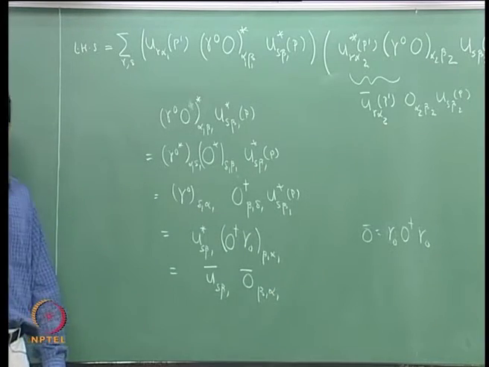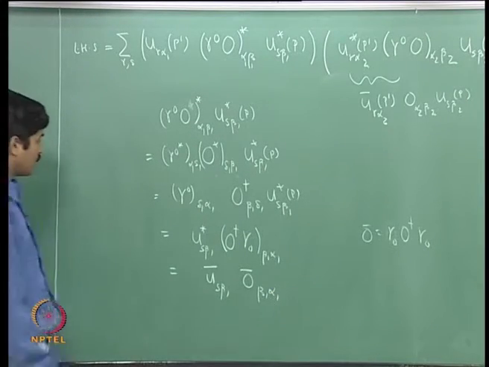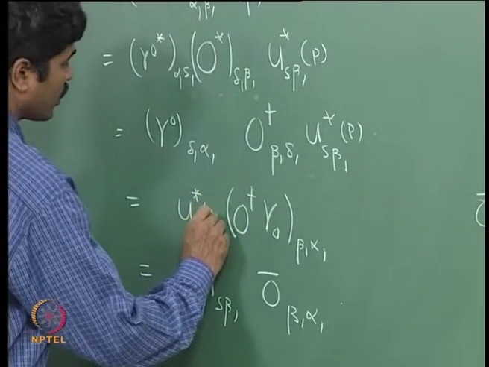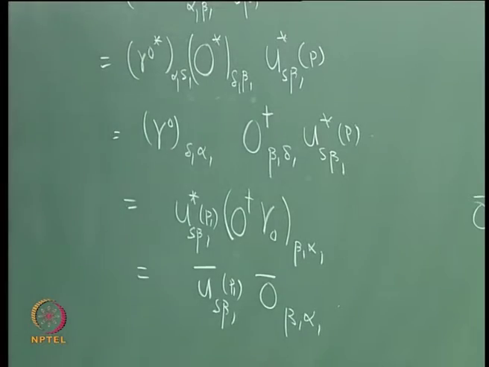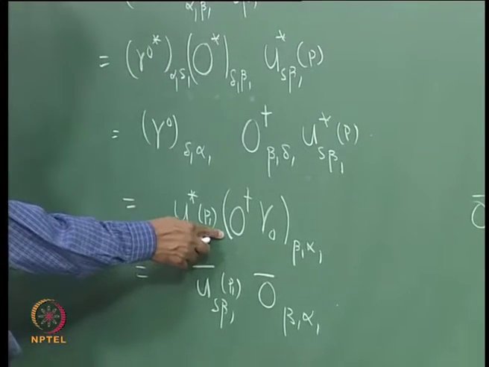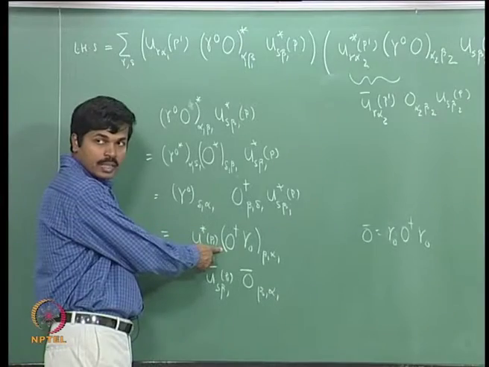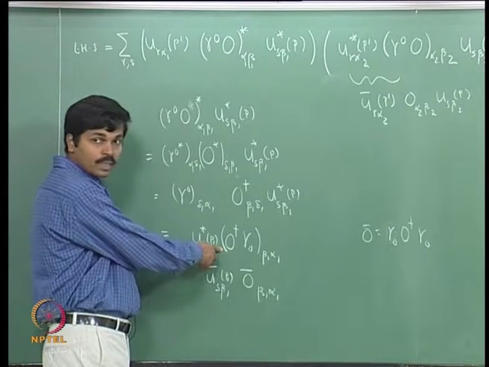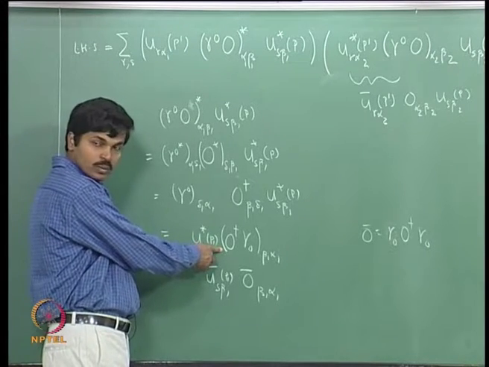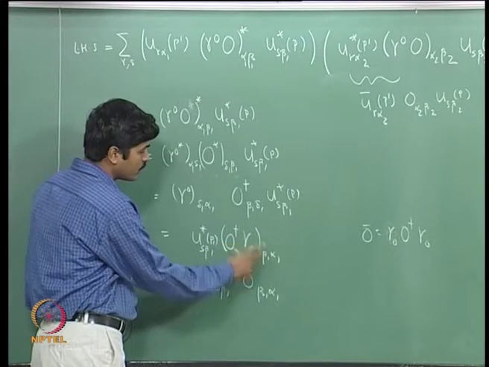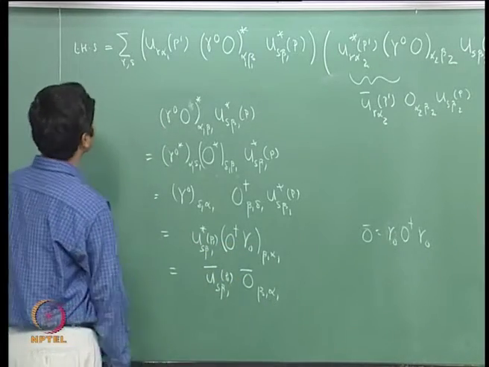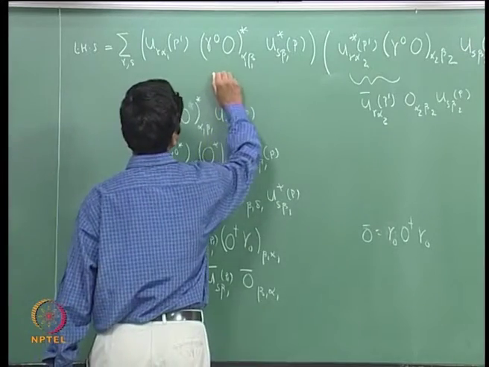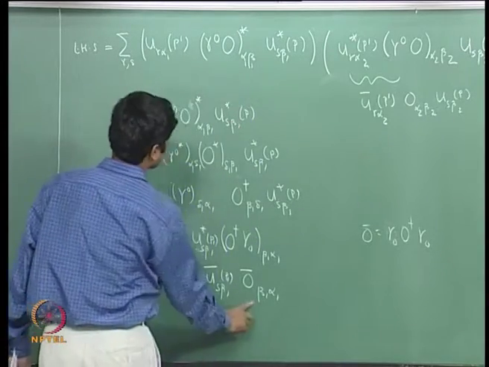Is this clear? I have introduced an identity operator here, and I wrote this identity as gamma 0 square. One gamma 0 gives you O bar and the other gamma 0 gives you U s bar. So, for this I will simply write it as this.